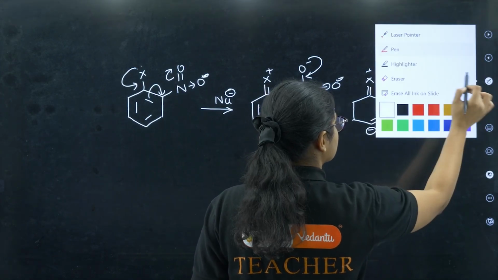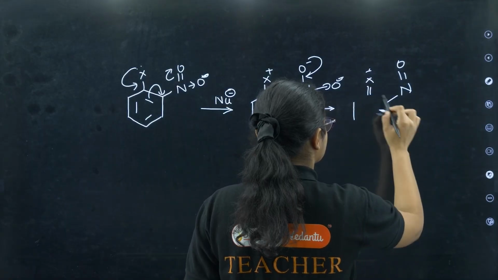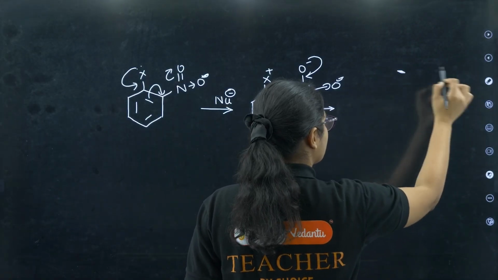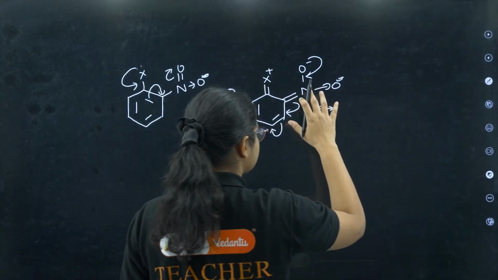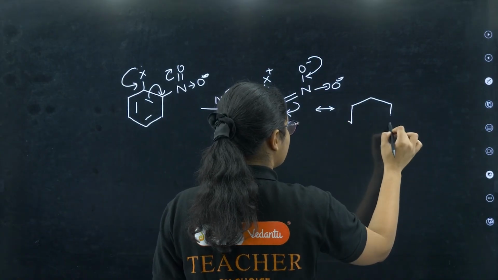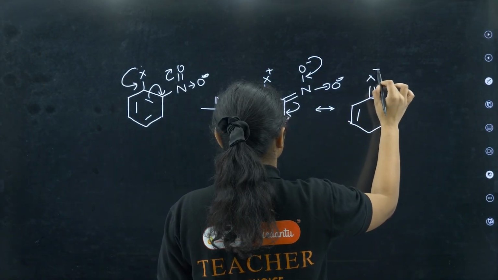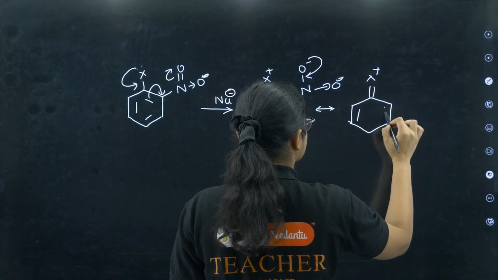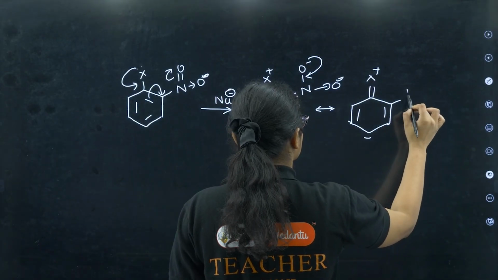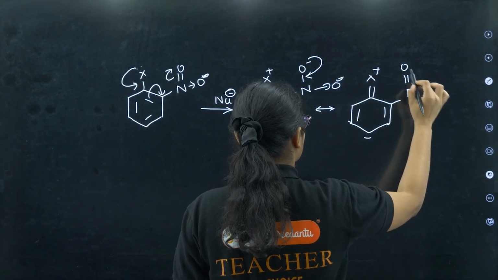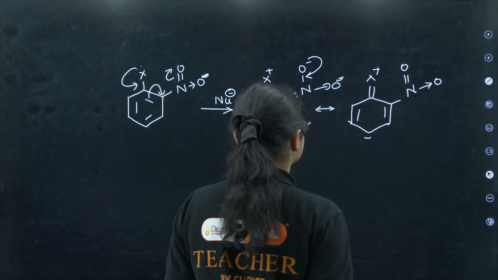Just a minute, I'll do this one structure again. So basically what I want to say is, if it is present in ortho position, we can see that nitro group is taking the charge, right? So you have this X plus, and you have this one, you have this one, you have N, O and O.